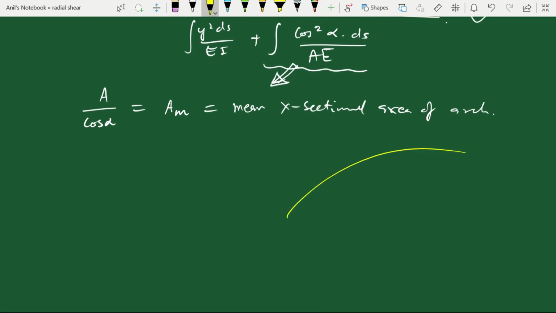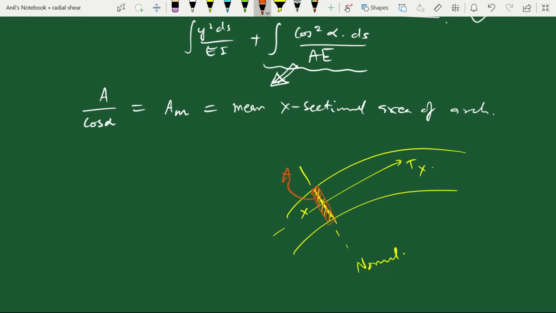At point x in the arch, if we cut the arch along the normal or perpendicular to the tangent at x, we get some cross-sectional area, and that cross-sectional area is A. This is the cross-sectional area over which Nx, that is normal thrust, is acting and creating rib shortening.